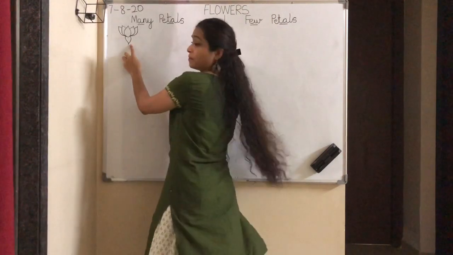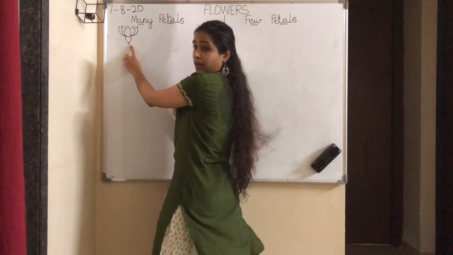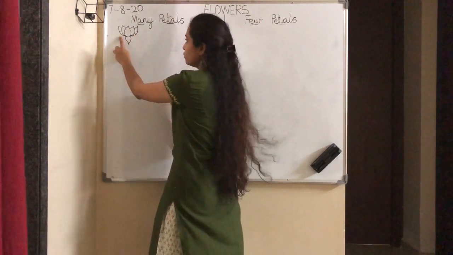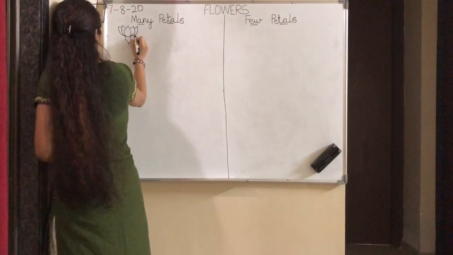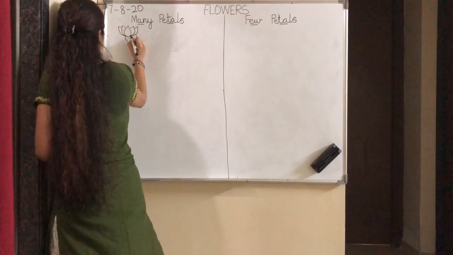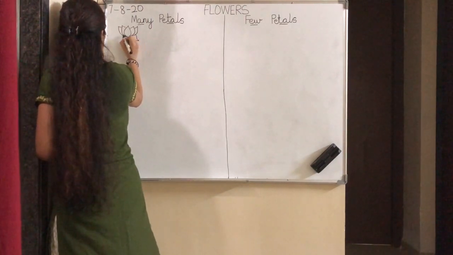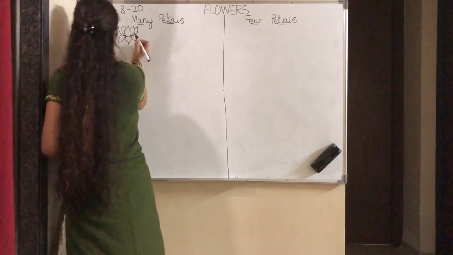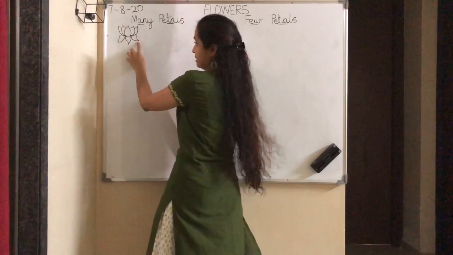Like this. Okay, and then draw one more petal here and one more petal here. Ulta petal you have to draw. Like this and like this.